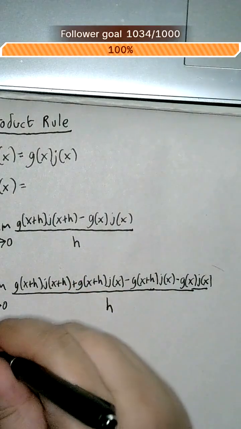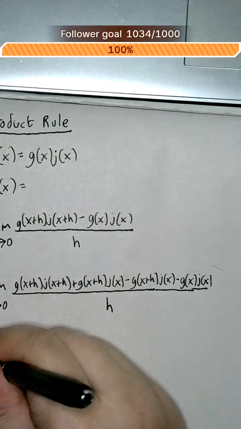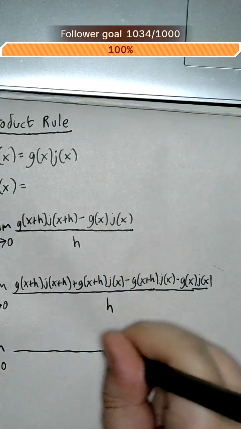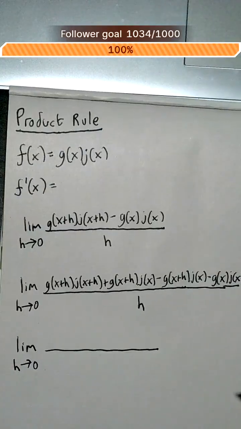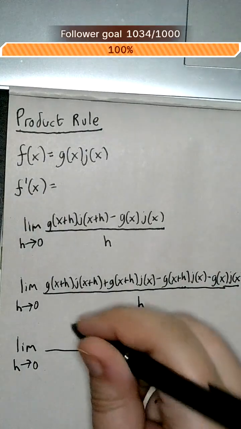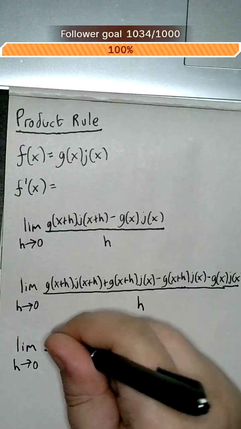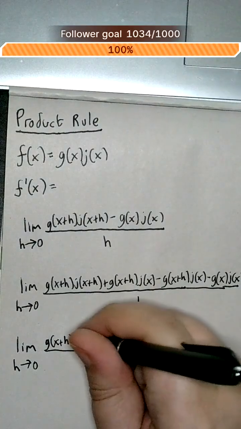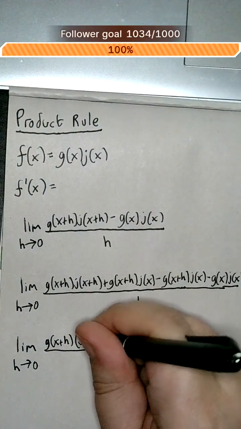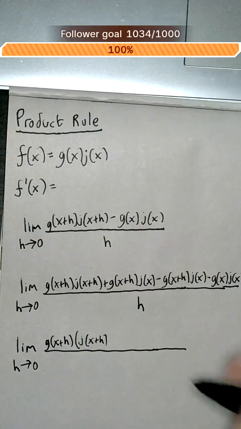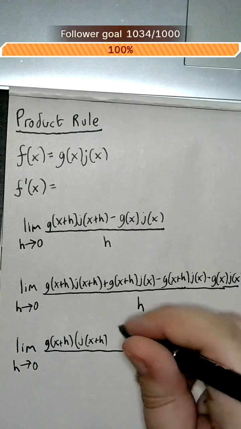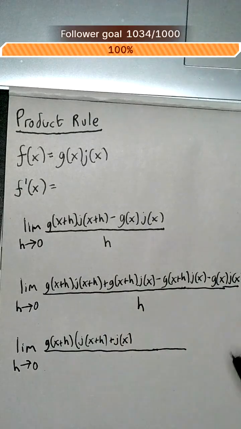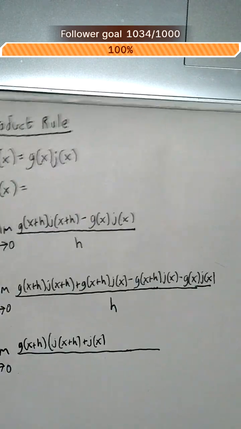So I have limit as h approaches 0 of g. This is going to make it a little easier to see. G of x plus h times j of x plus h plus j of x. And then here, I'm going to factor out a j of x.